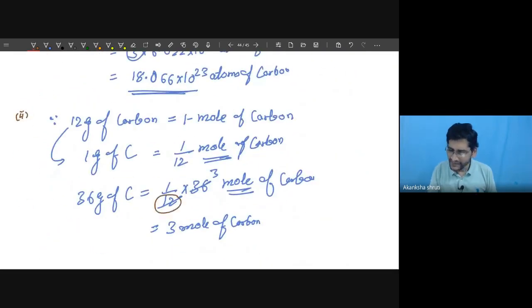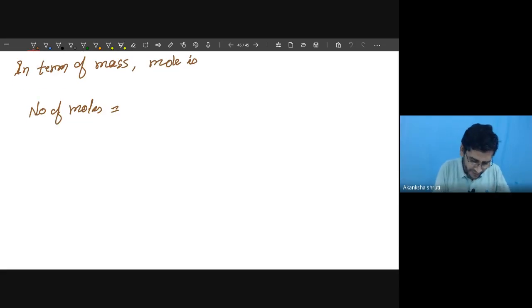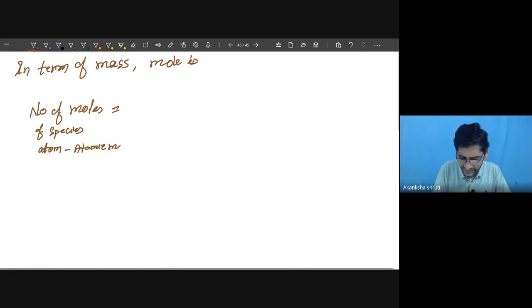And here what we have taken is the molecular mass or molar mass, meaning the mass of 1 mole of that particle or that species. So the number of moles of any species, maybe your atom, then you need to take your atomic mass. If it is the molecule, then you need to take the molecular mass, for calculating.